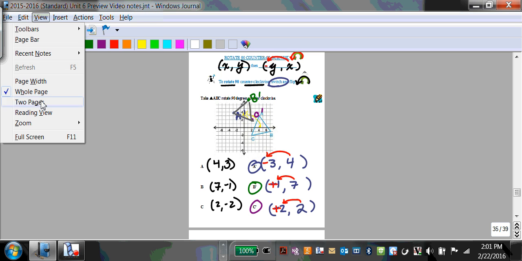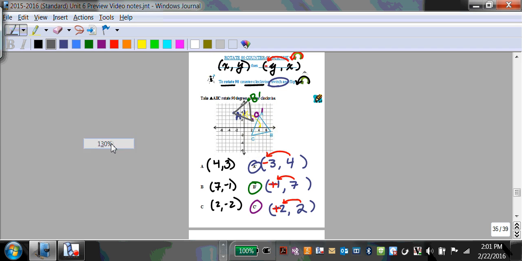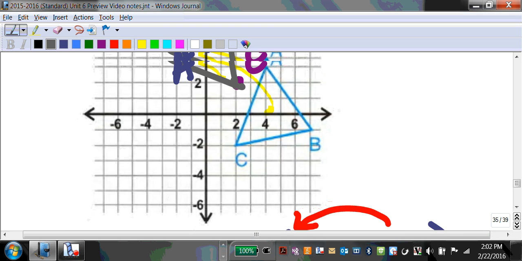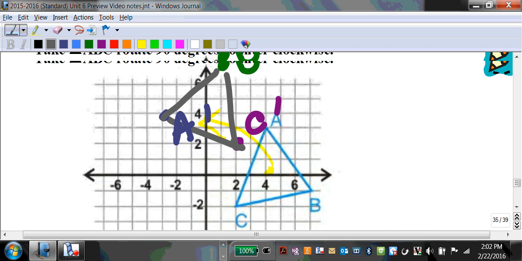Let me shrink this down so we can see it, or zoom in. Once again, it's a little hard to see if this was actually correct.